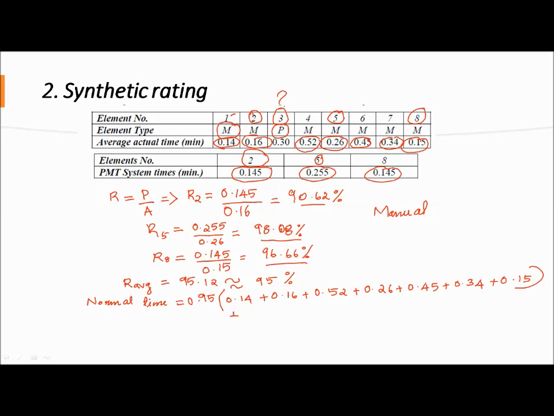And for the machine powered element, you consider an efficiency of 100%. So 1 into the machine powered time, that is something around 0.30. So this will be the normal time, and it is something around 2.22 minutes.